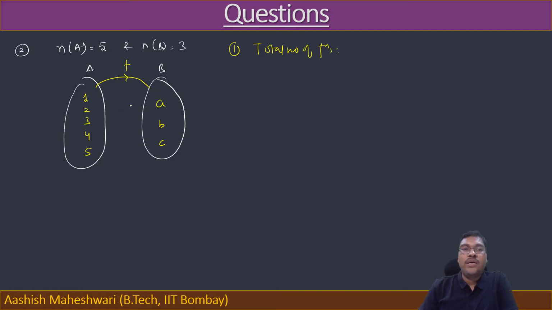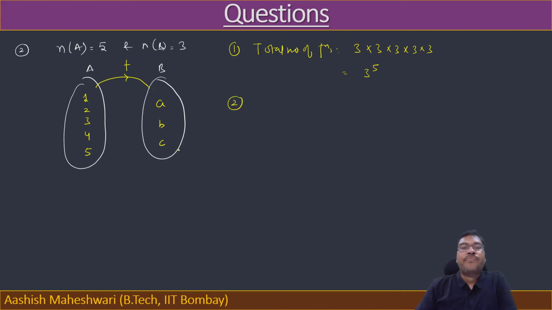Either it can go to A, it can go to B, or it can go to C. This is 3 ways. The second element can be mapped again 3 ways. Similarly, third, fourth, and fifth. So these elements 1 2 3 4 5 can be mapped in 3 times 3 times 3 ways. So this is equal to 3 raised to 5 ways. Correct? You can just simplify this.